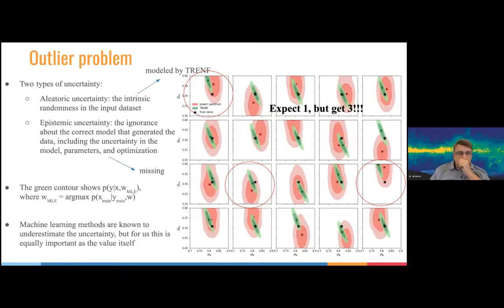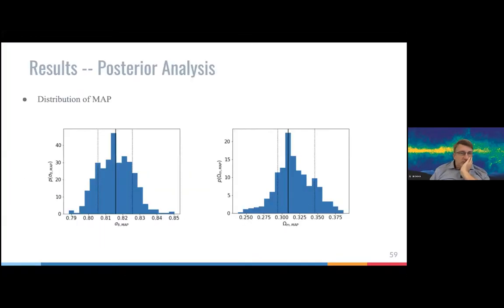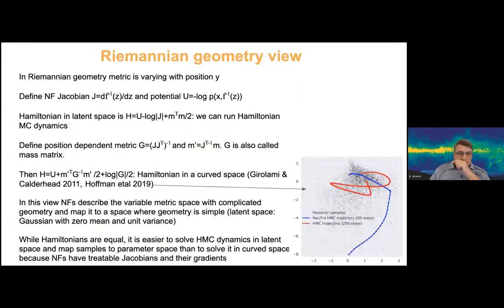Oh yeah, this is a slide, for example, from this Hoffman et al., where they apply this idea of normalizing flows and combine it with Hamiltonian Monte Carlo, and then they show in that case that basically in this latent space, the Hamiltonian flow is much faster because it doesn't spend much time on the outskirts than it does in original space. For example, here they have 50 steps for the Hamiltonian flow and 200 steps for the original flow. So there's hope that these normalizing flow ideas will be useful even for standard sampling.